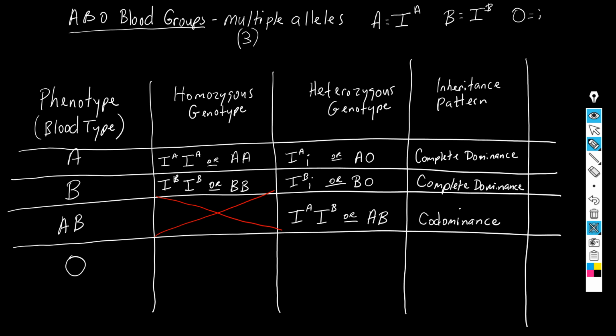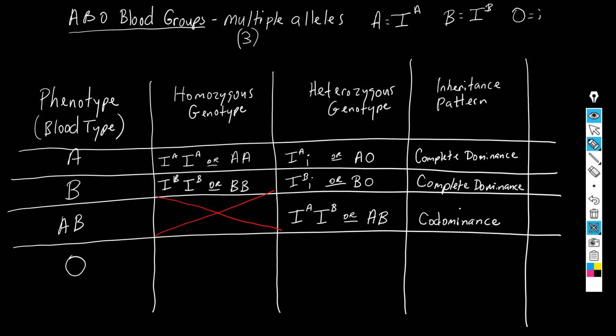So let's take just a moment to establish how codominance is different from incomplete dominance and from complete dominance. Codominance is kind of like having co-captains on an athletic team. If you have co-captains, they share leadership responsibility equally.